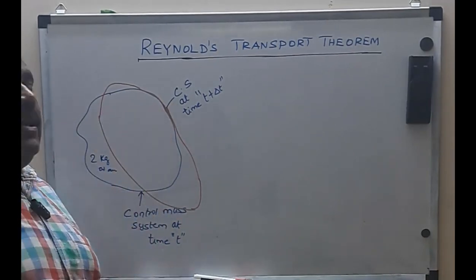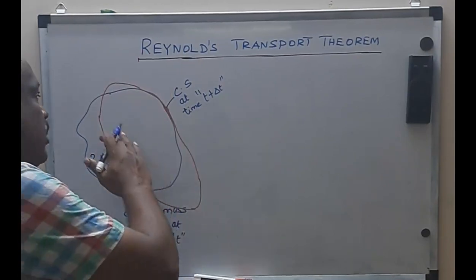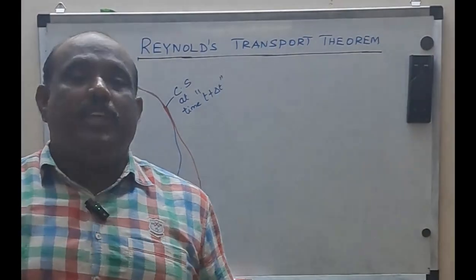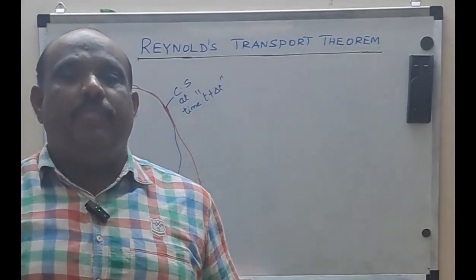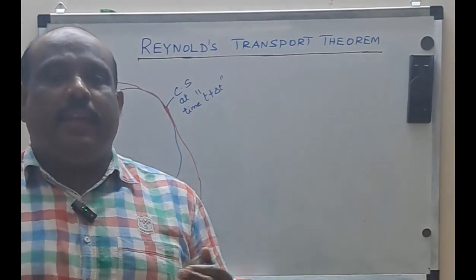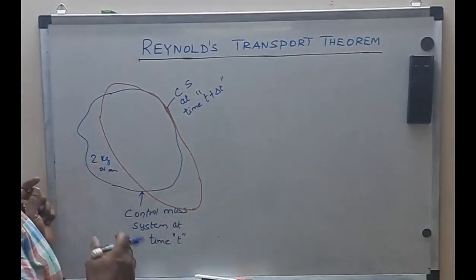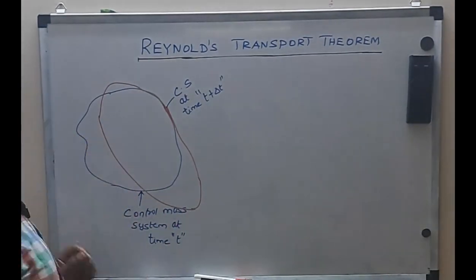It may spread here and there, but the control system can expand or contract such that it always has the same 2 kg of air molecules. So we have given the liberty that it can vary in shape, which is the shape shown in the red color curve. I hope now you see why the shape of the control system has varied.